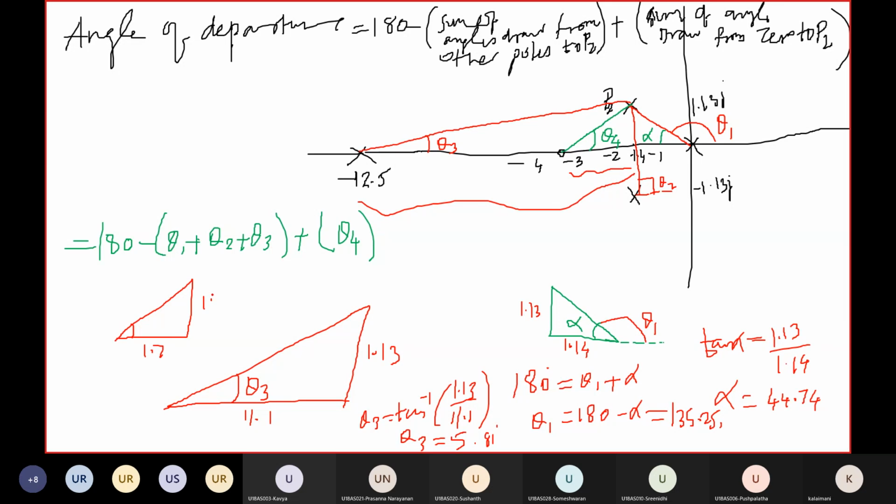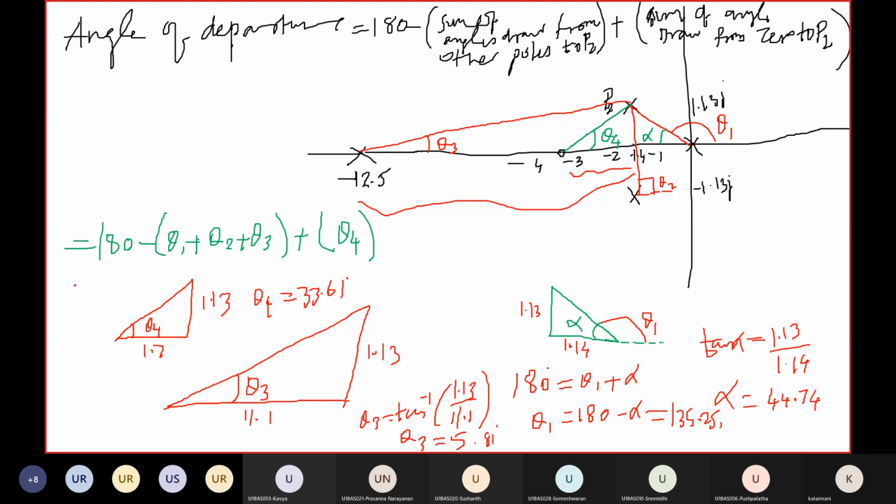Again the height is 1.13. This is theta 4. So theta 4 is equal to tan inverse of 1.13 divided by 1.7, and I get 33.61 degrees. So theta 4 is equal to 33.61 degrees.